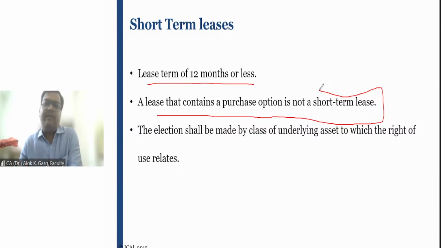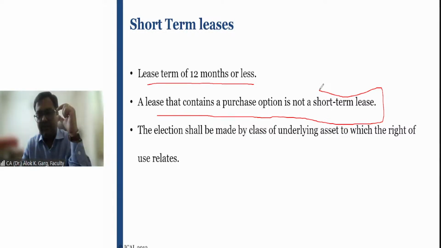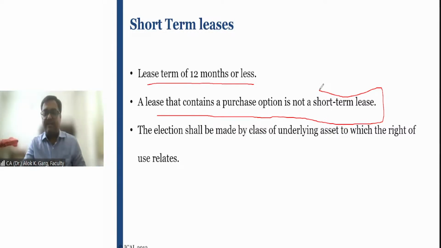Sir, now I am giving you one scenario. You remember the lease term I have discussed, and when I discussed lease term, it consists of 4 parts: non-cancelable period plus rent-free period plus optional renewal period if the lessee is reasonably certain to renew plus optional termination period if the lessee is reasonably certain not to terminate. You remember the 4 aspects I have discussed at length.